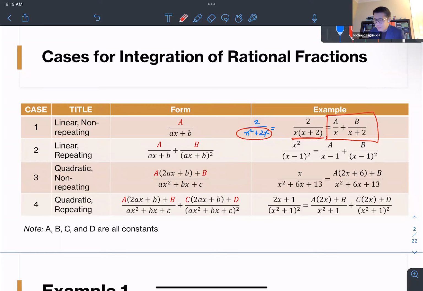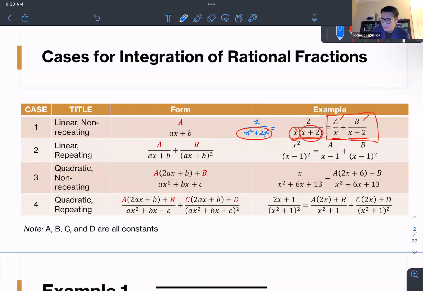For example, in this case we have two factors: one is x, the other is x plus 2. So we'll be given two terms, one with x and the other with x plus 2, and we're going to separate them. Since these are linear, I'm just going to put A at the numerator of the first and B at the numerator of the second. That is for linear.